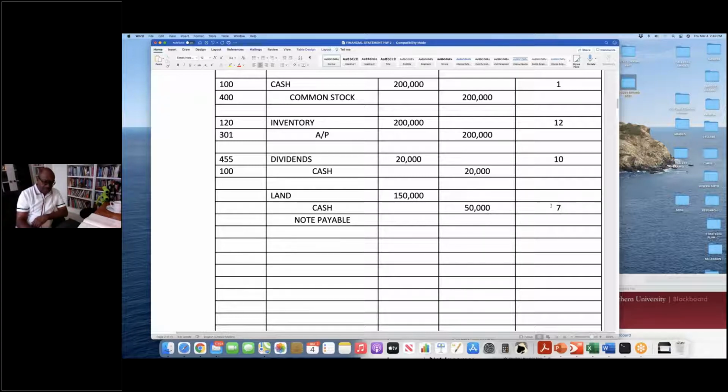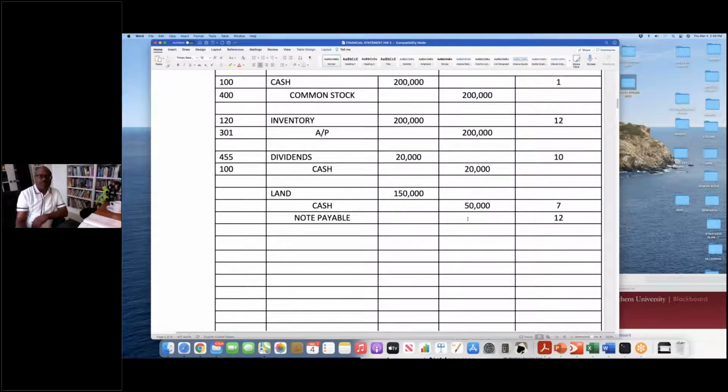What's the 7? For cash, and 12 for note payable. So what is a type 12? What is a type 12?